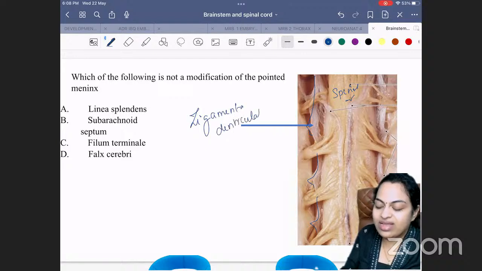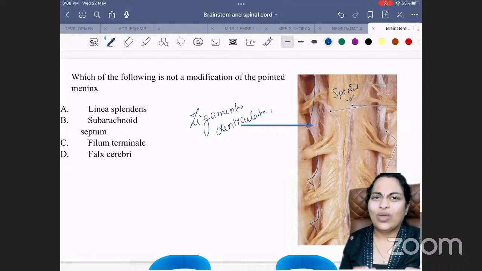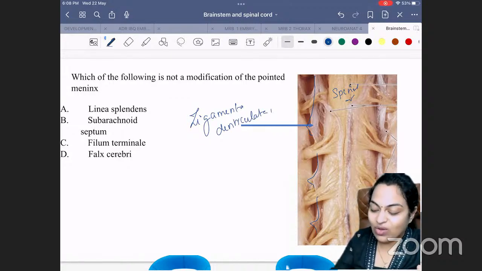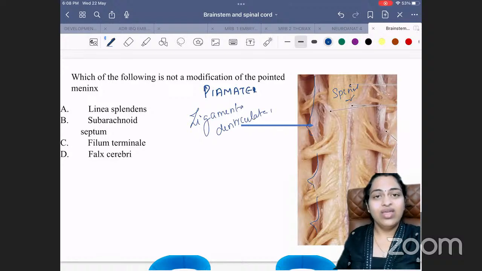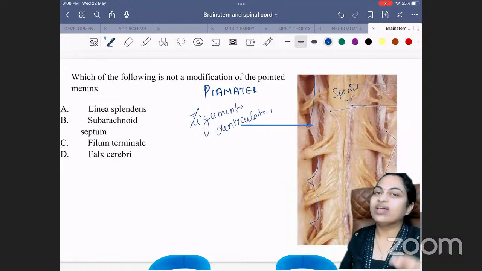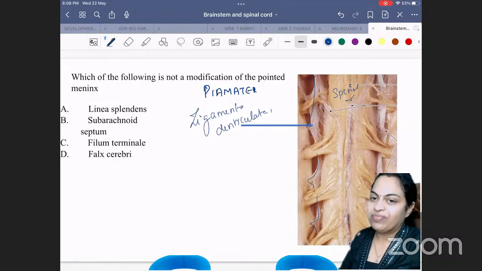It is a modification of which meningeal layer that covers the spinal cord? The pia mater, right? They'll ask you to identify what it is a modification of. You'll identify it as ligamenta denticulata, a modification of pia mater.